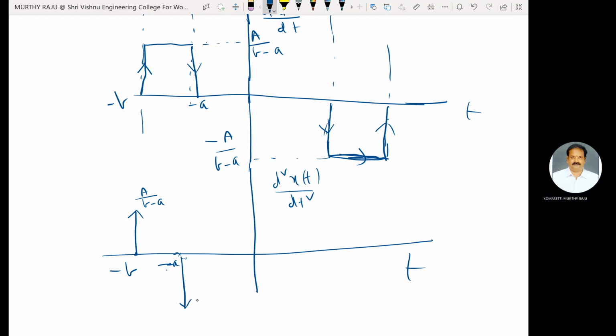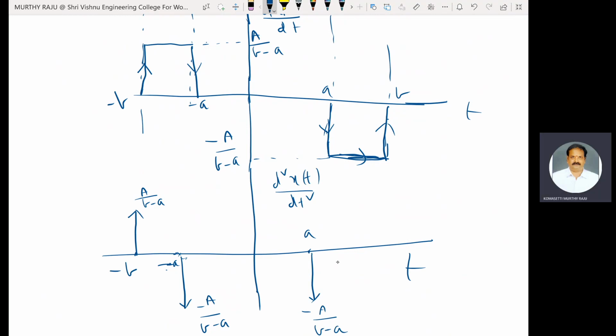Minus a by b minus a, falling. This one is falling, meaning a negative value. Here the point is a. Minus a by b minus a.